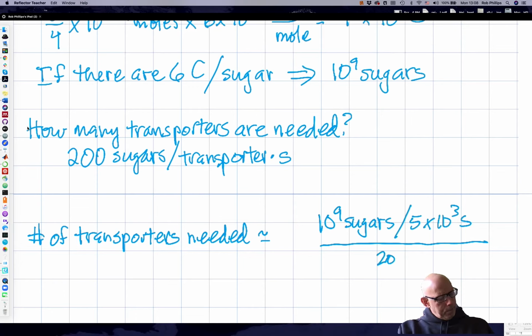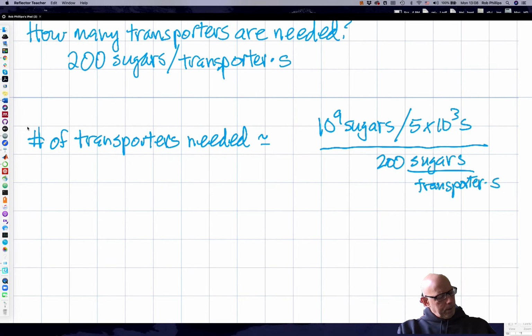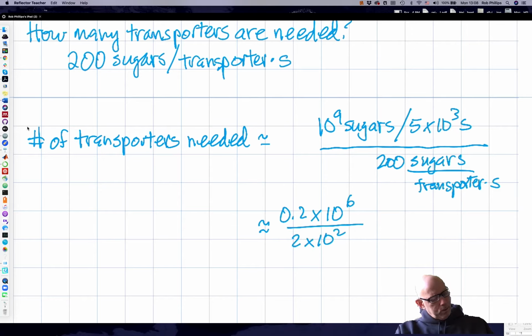And then divided by 200 sugars per transporter per second. What's that going to lead to? So 10 to the 9th divided by 5 times 10 to the 3 is going to give us 0.2 times 10 to the 6th. And then that's divided by 2 times 10 to the 2. And that's transporters.